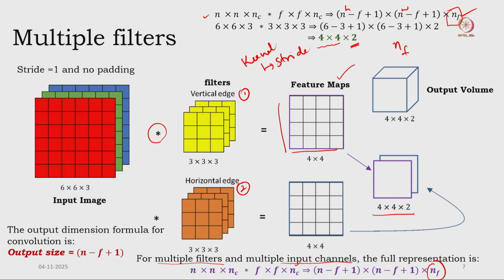Since here 6 cross 6 has reduced to 4 cross 4, some border information is lost. To avoid that, we apply padding. Here also the concept remains the same. We will have one layer of padding applied to R, G and B. So it is the same concept that is carried out even for an RGB.